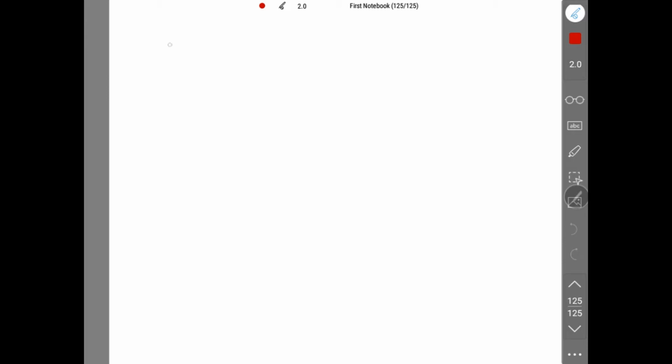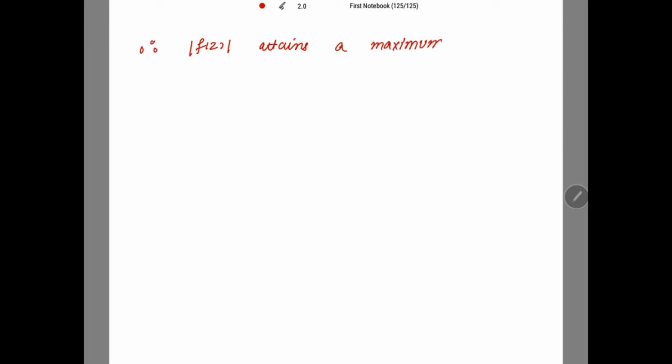So therefore, mod of f(z) attains a maximum somewhere on D bar. Now we are going to use the first theorem of the maximum modulus theorem. To prove the second form, we have to first prove the first form because we are using that.